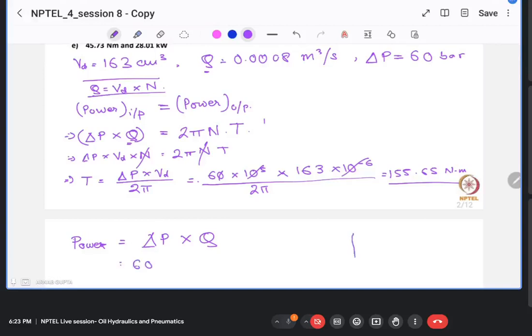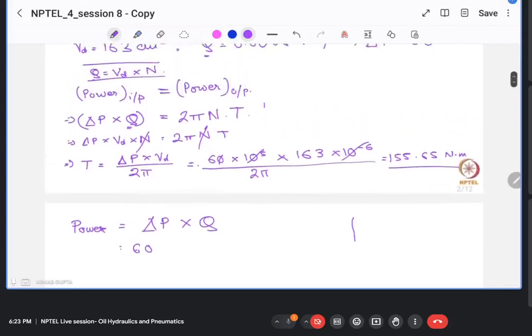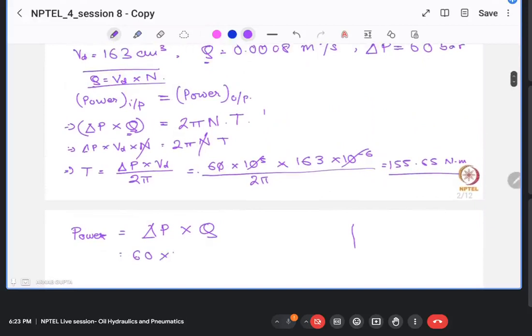So 60 multiplied by 10 to the power 5, and Q is 0.0008 meter cube per second. So we will be getting how much? 60 into 0.0008, so 4.8 kilowatt.